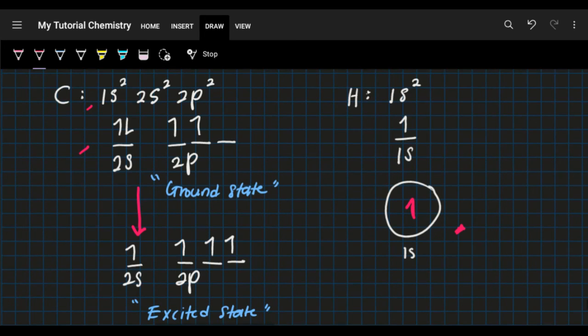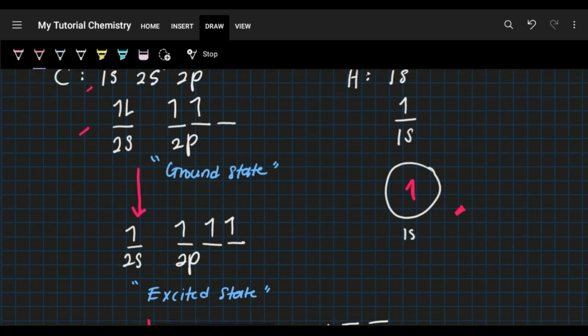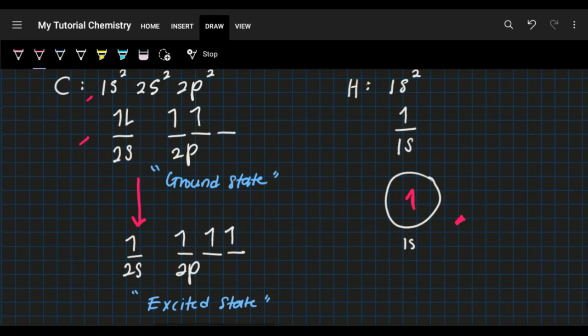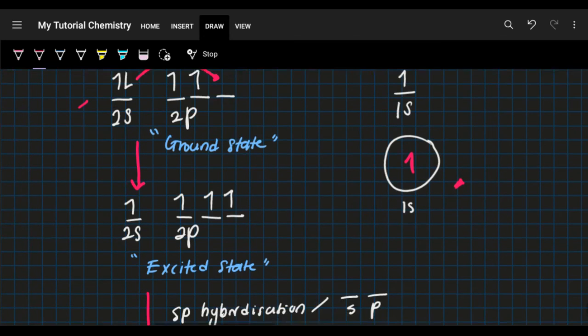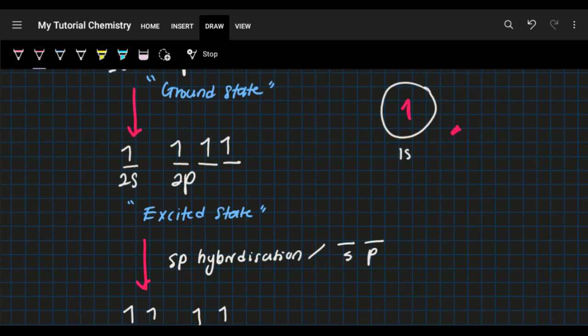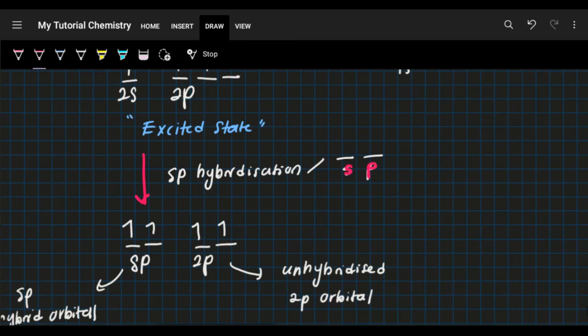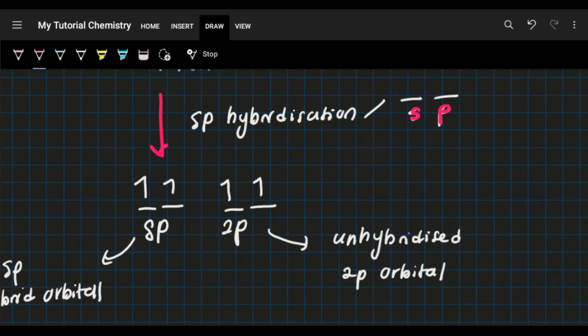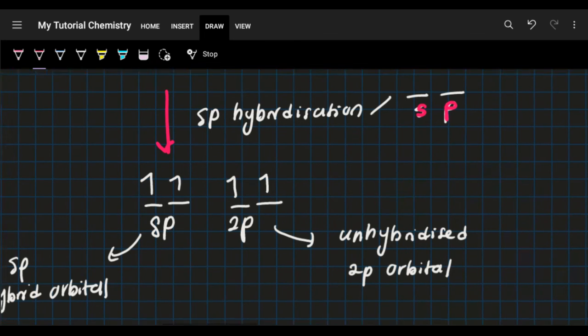For the carbon, it goes from the ground state to the excited state because the electron from the s orbital is promoted to the p orbital. Now it will undergo sp hybridization. sp has one s and one p orbital. So this is the orbital diagram for sp hybridization.